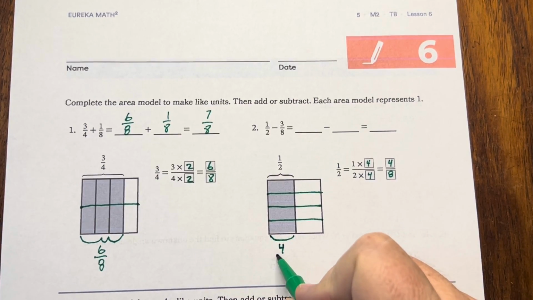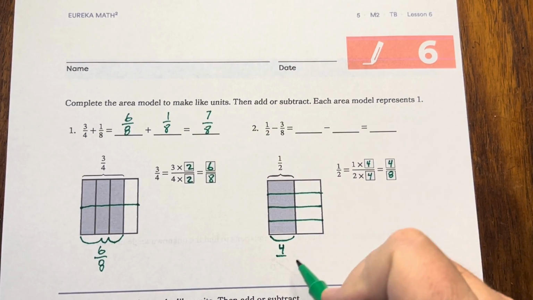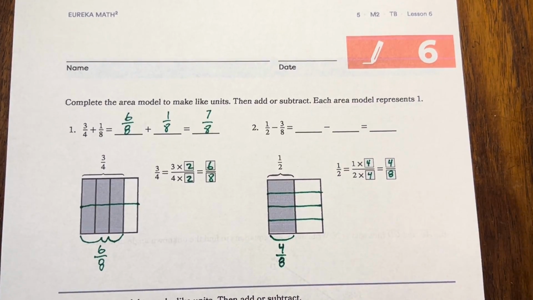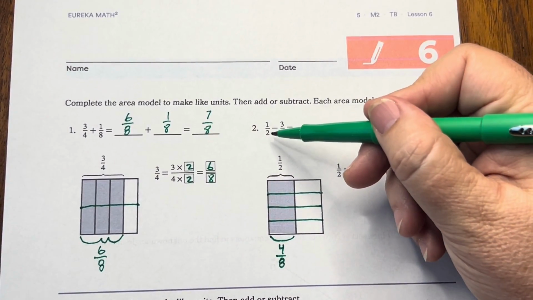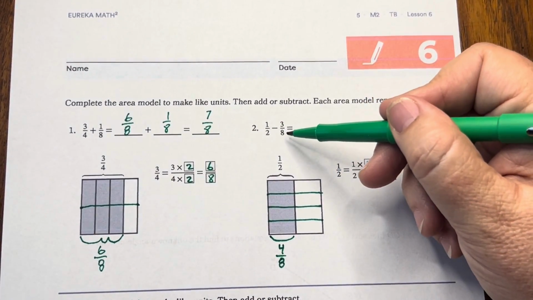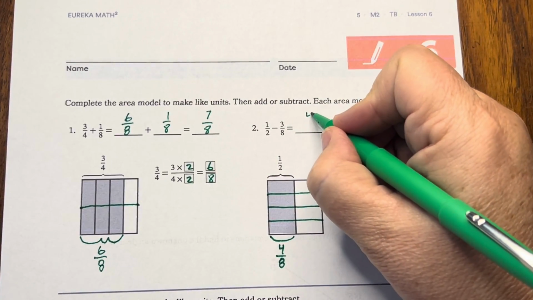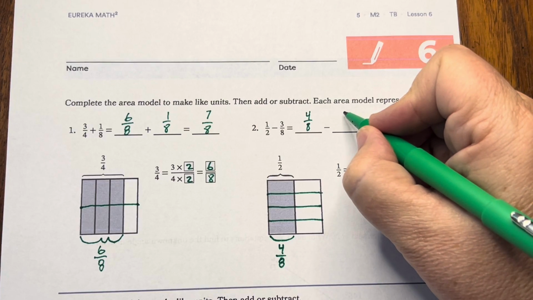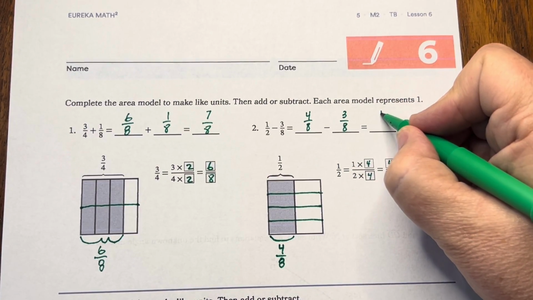And our denominator, which is the whole, is 8. 4 plus 4 is 8. So 1/2 is the same as 4/8. So going up here, I'm not going to use halves anymore. I'm going to use the equivalent with eighths. So I have 4/8 minus 3/8, and that is going to give me 1/8.